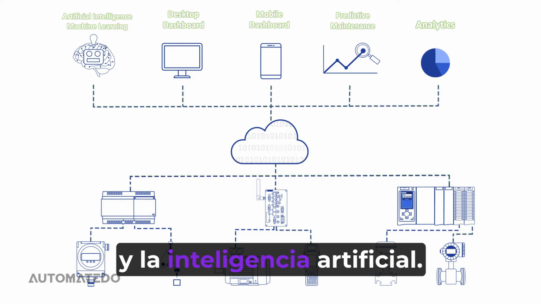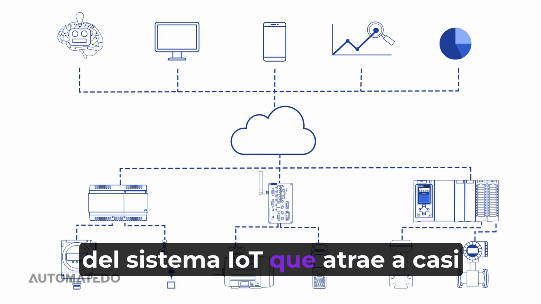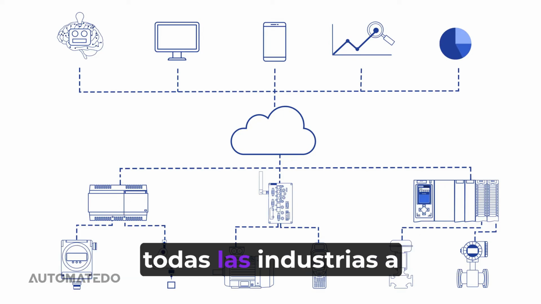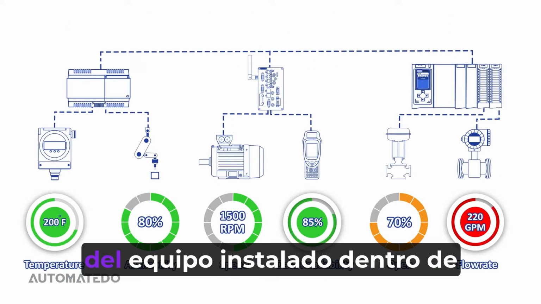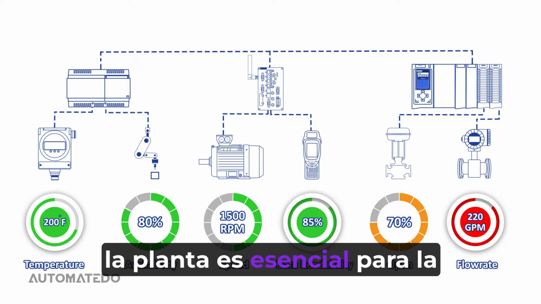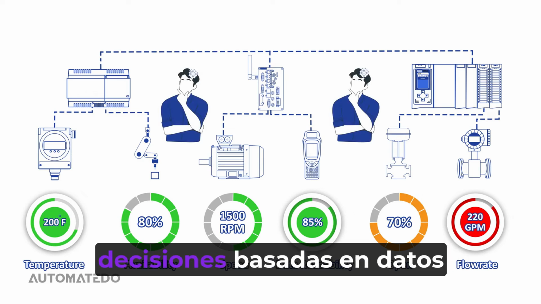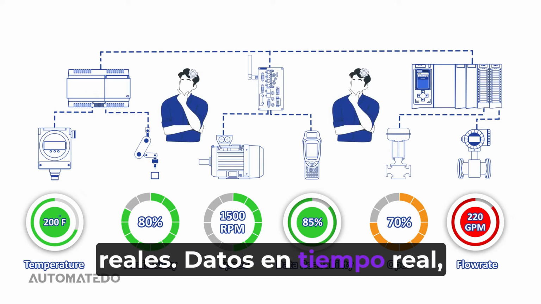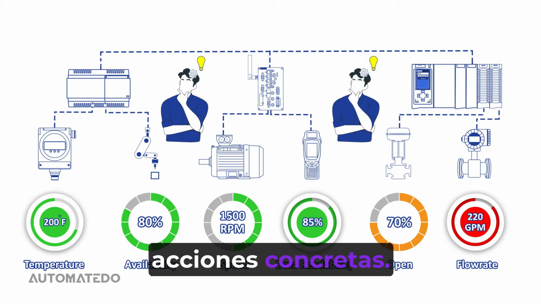and artificial intelligence. Now let us get familiar with the most significant benefits of the IoT system that attract nearly every industry toward it. Monitoring the real-time performance of installed equipment within the plant is essential to every industry's existence. It helps engineers make decisions based on real-time data, not the data from yesterday, in generating insights and concrete actions.